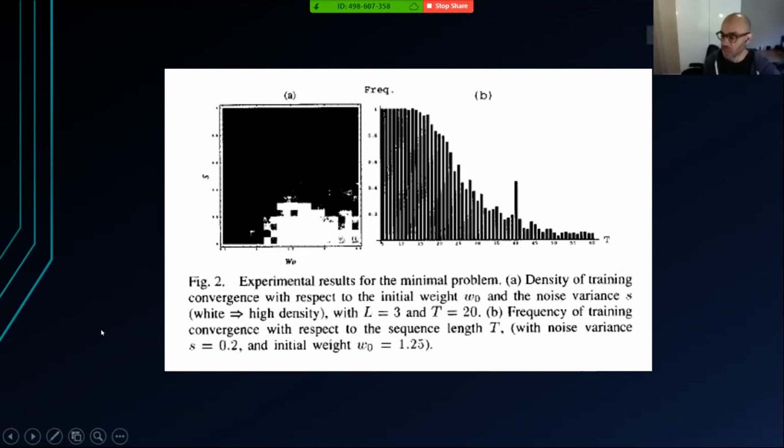And then another question: L is fixed at 3 for figure 2B. L is fixed at 3 and T is 20 for the first figure. And for the second figure, noise variance is fixed and initial weight is fixed.